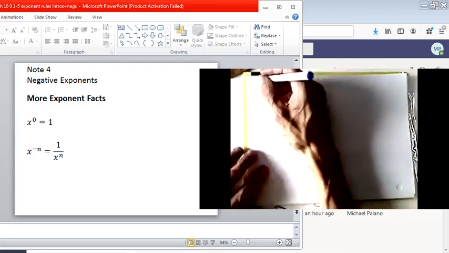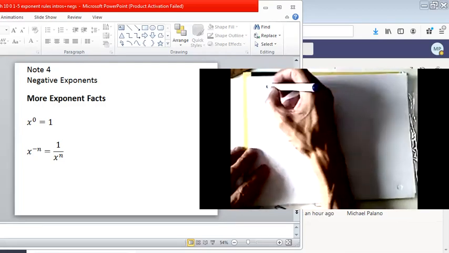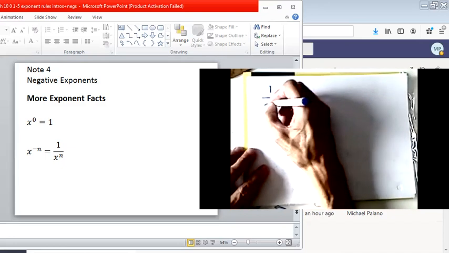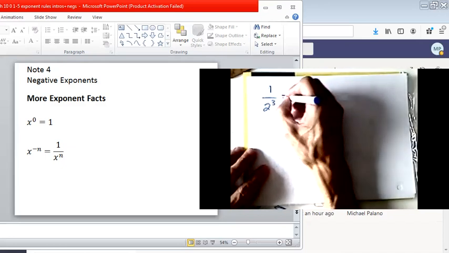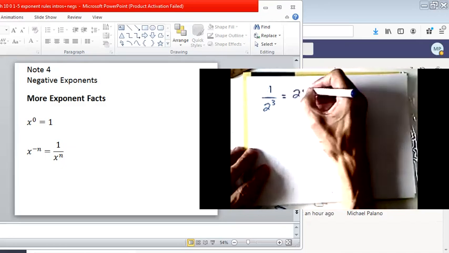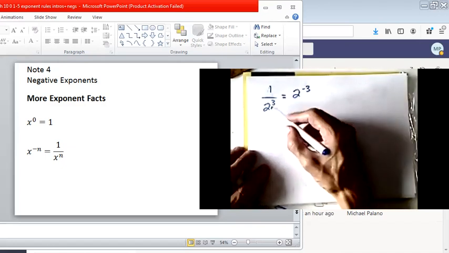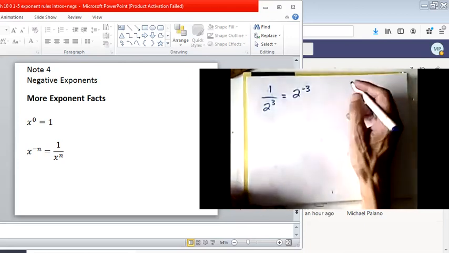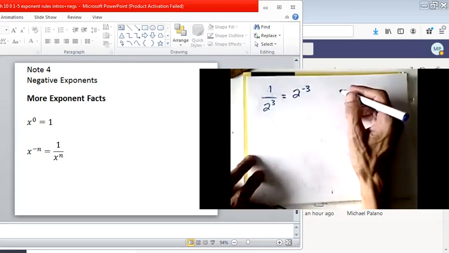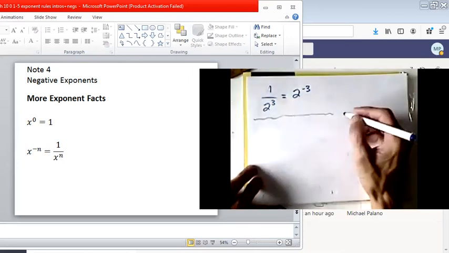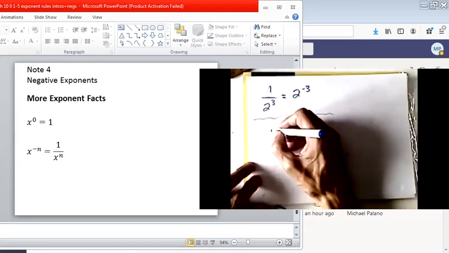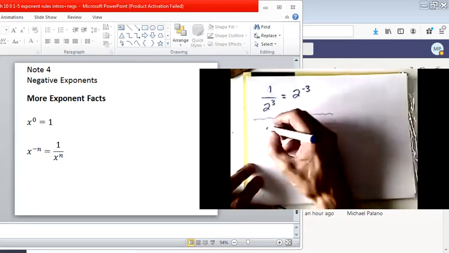Looking at the same rule, if you have 1 over 2 to the 3, that's the same as 2 to the negative 3 when you move it from the bottom up to the top. It also works like this.